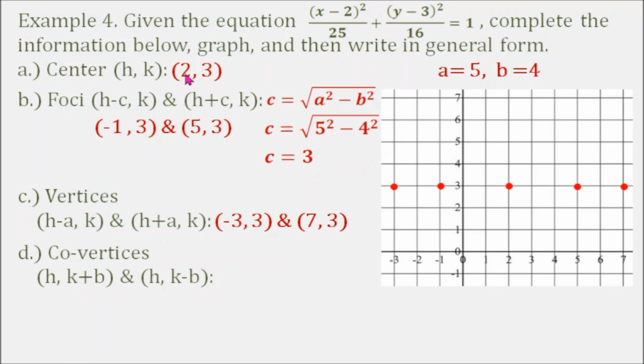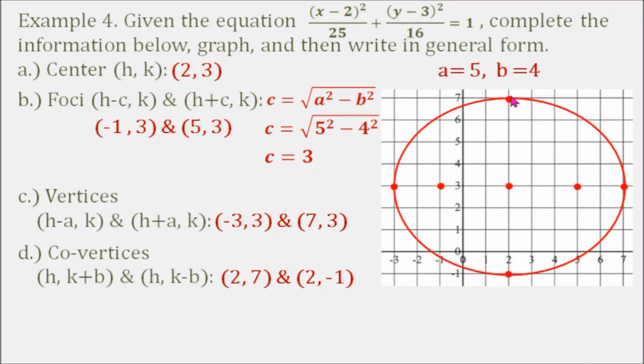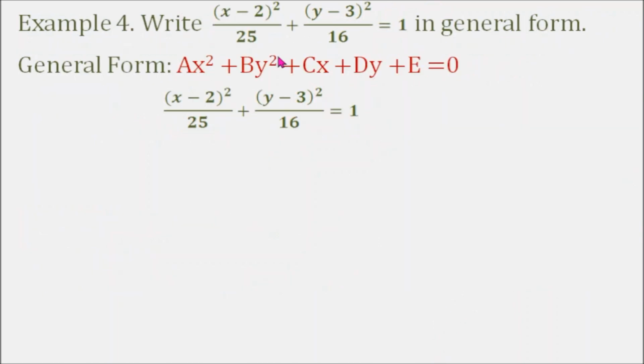Our h again is 2, our k is 3, and our b is 4. Substituting these numbers into our formula, the coordinates of our co-vertices are (2, 7) and (2, -1). They are here. Now we can draw our ellipse. This is our graph.